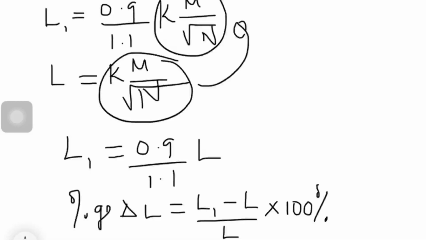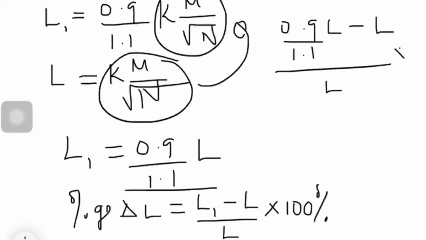What is our L1? Our L1 is 0.9 all over 1.1 L, then minus L divided by L, and then we multiply by 100%. Okay, 0.9 divided by 1.1 is just the same as 9 over 11.